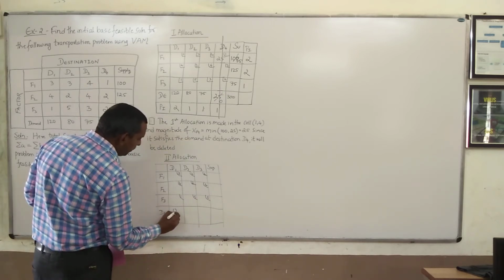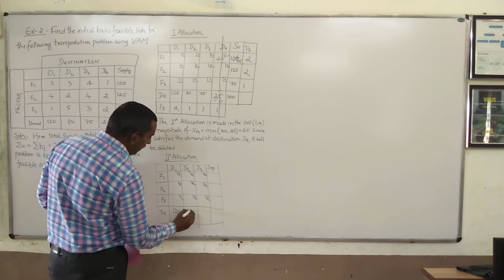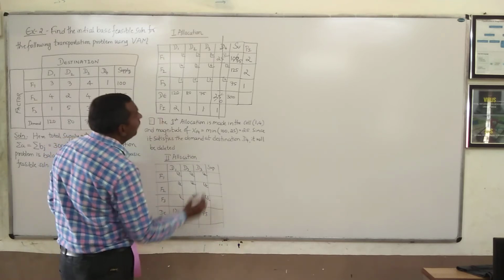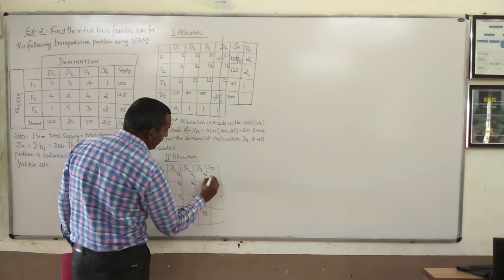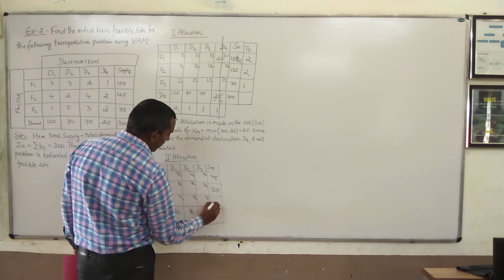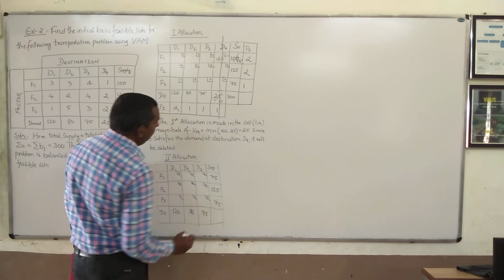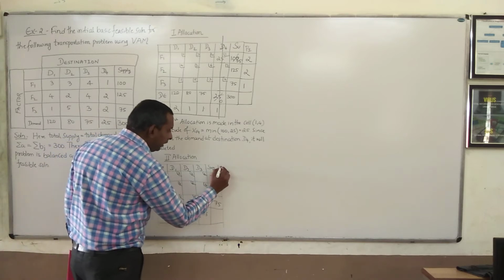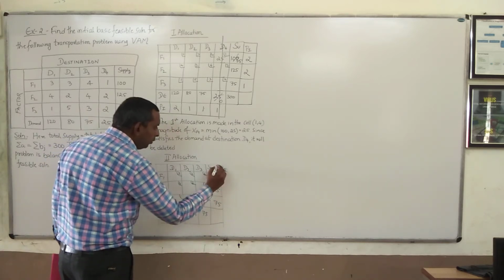So demand is 120 here. Here it is 80. And supply is 75, 125 and 75. Fine. So penalty P2.